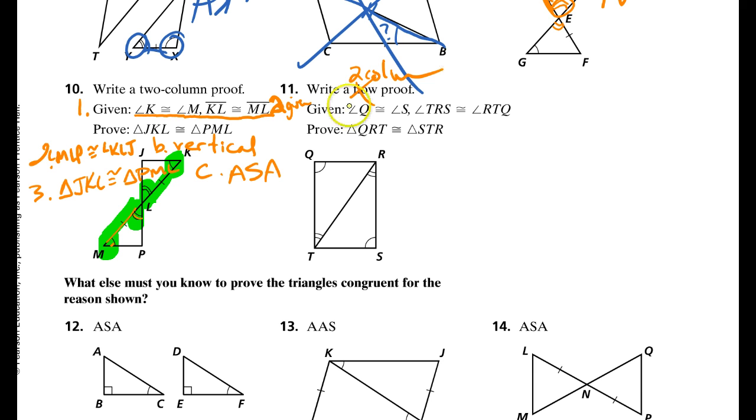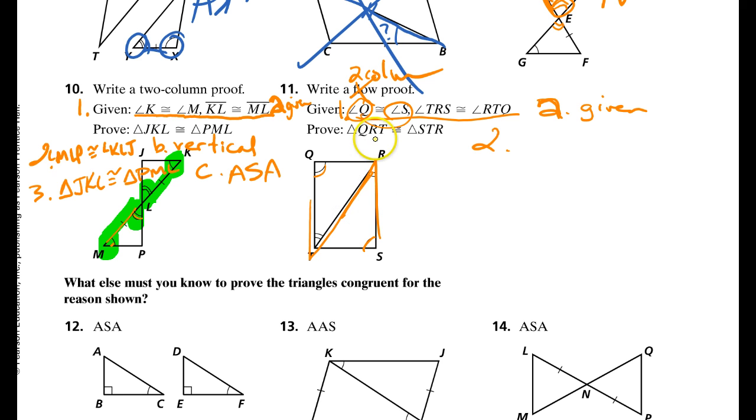Number 11, 2-column proof. 2-column style. So, statement number 1, all this stuff, why? Because it's given. Statement number 2, again, I'm sorry my A's look sort of 2-ish. So now, what's my next statement? All I know is that I've got an angle congruent to an angle, that was right here, and that I get this guy congruent to this guy.